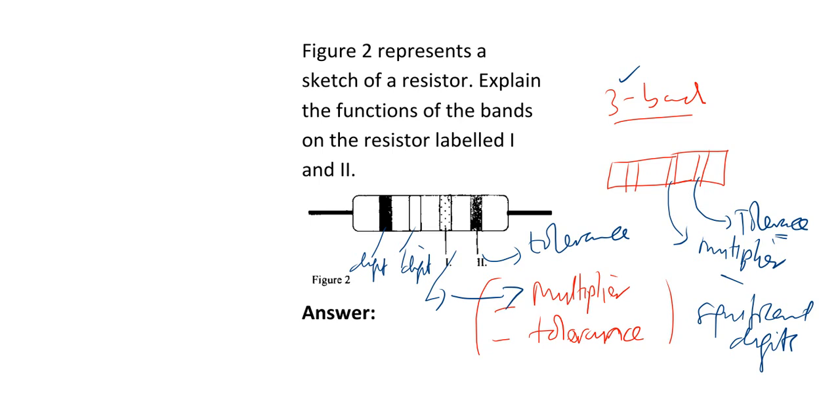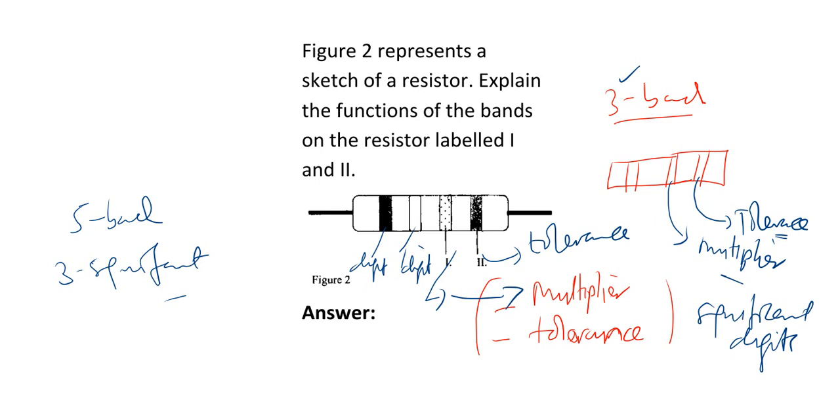So if you are given a 5-band resistor, it means the resistance is of 3 significant digits, because 2 of the bands, one will represent tolerance and the other one will represent the multiplier.